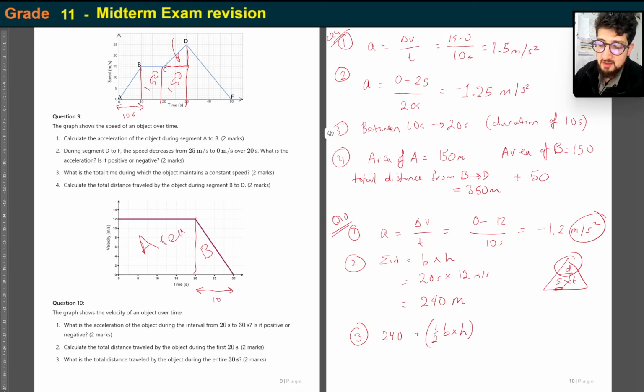No, it's half the base, and the base is only 10. So it's 10 to 30. So the length of the base is only 10, right? Okay, so that's 10, and that's 12. So it's going to be half times 10 multiplied by 12. So it's 5 times 12, which is 60. So it's going to be a total of 300 meters.